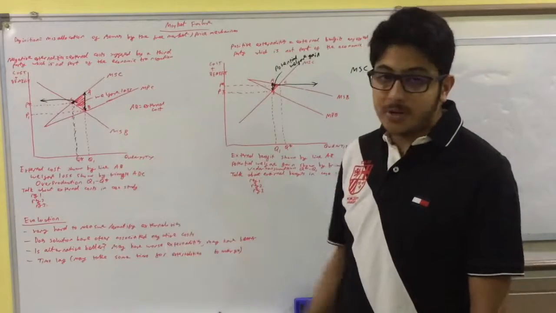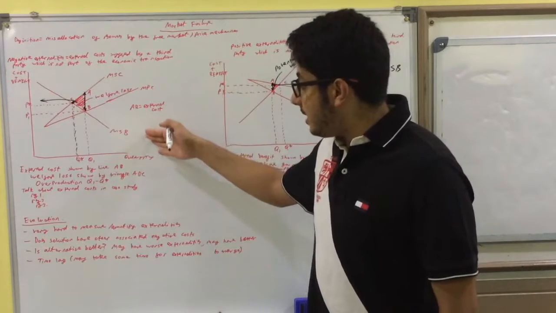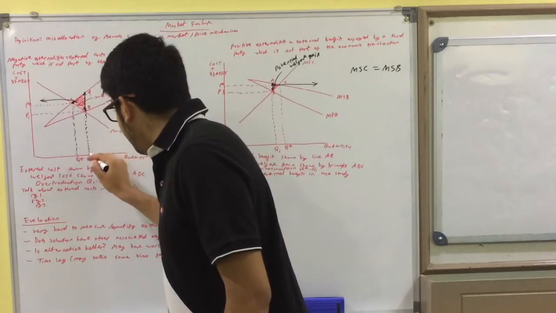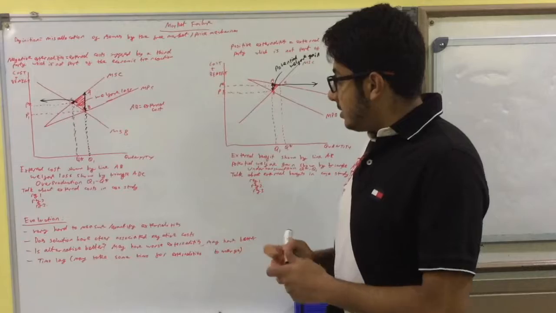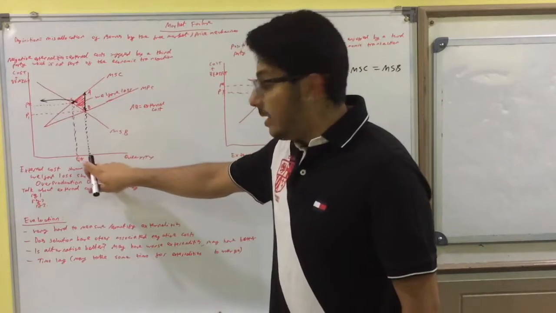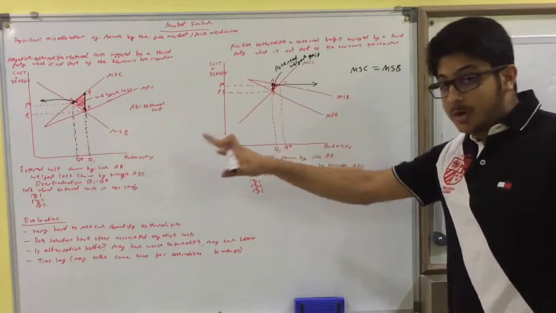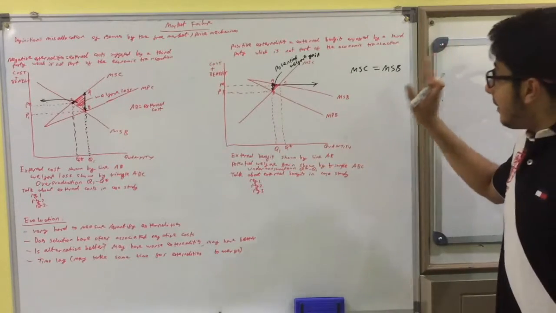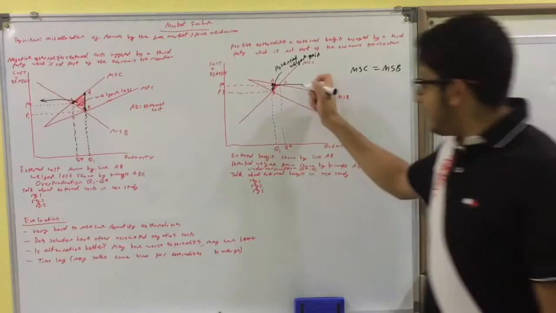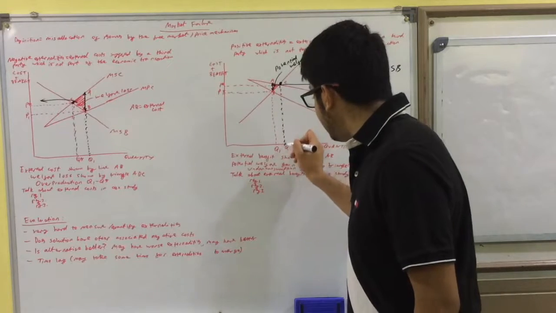You know it's overproduction, so where MPC and MSB intersect, that's the market equilibrium quantity. So you'll know that this will be MPC and this will be MSC, in order to create that overproduction above the socially optimal quantity.